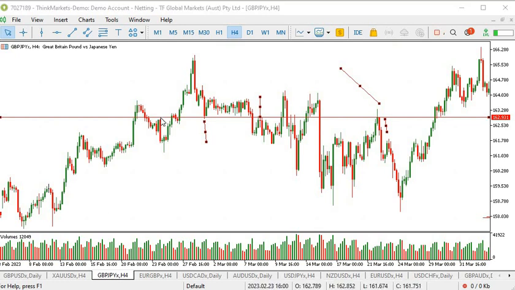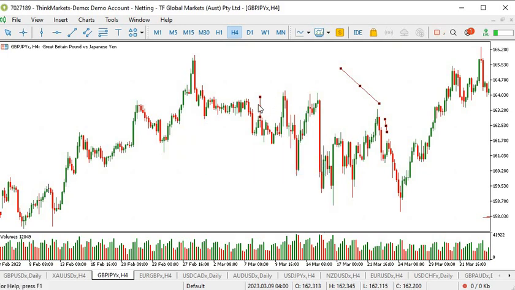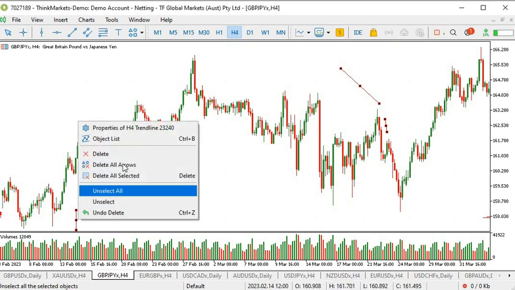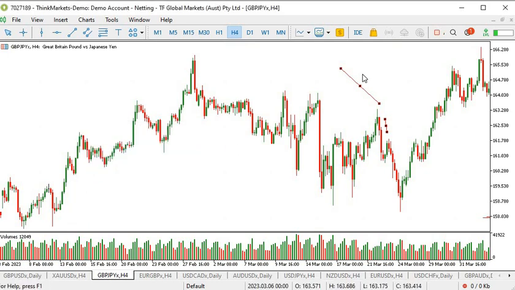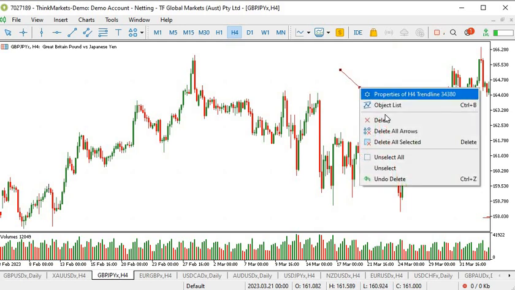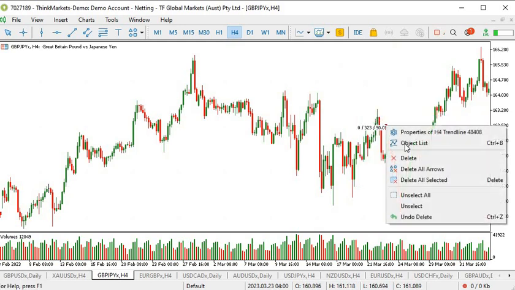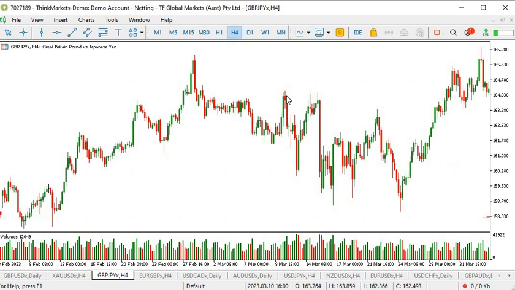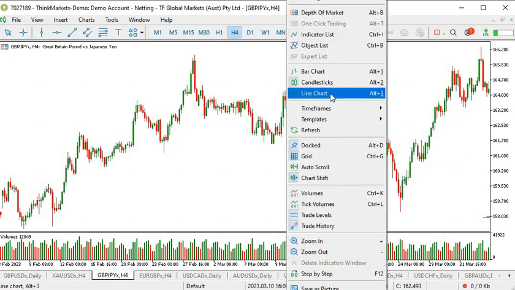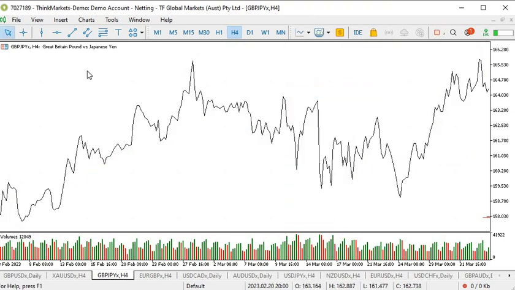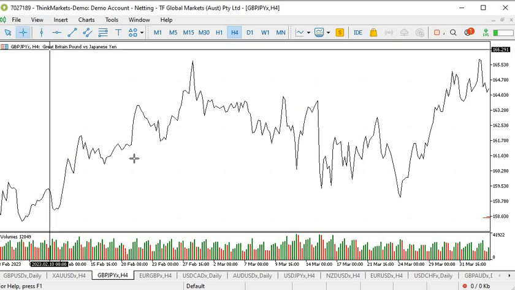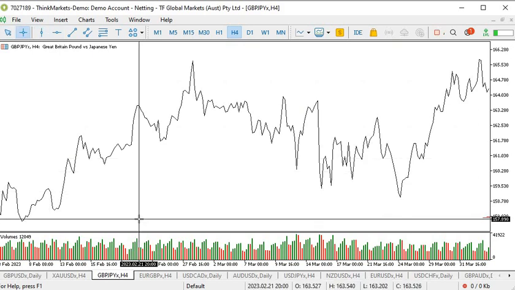Let me remove it first, and the last ones too. Let me load a line chart, and we will start from the bottom to identify zones.